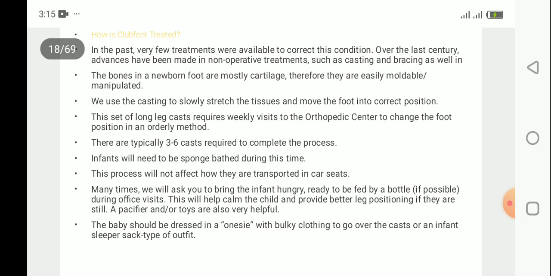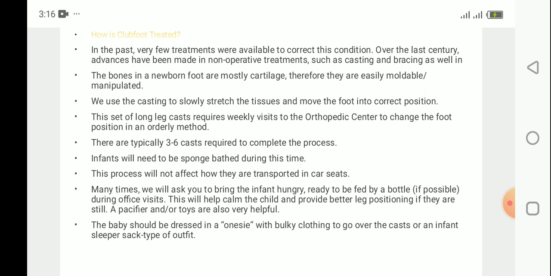Coming to the treatment, in the last century the treatments started as non-operative treatments, that is without surgical procedures. Before there were surgical procedures, they started casting and bracing, that is applying bandages, pressure bandages and some instruments without performing surgery.